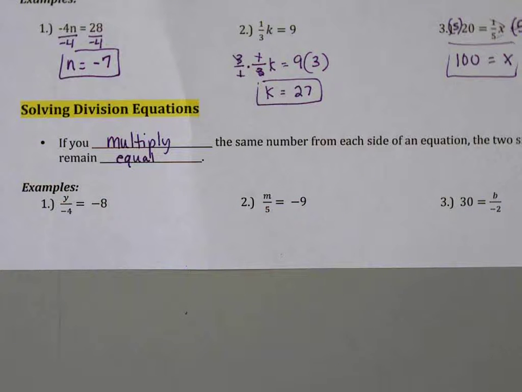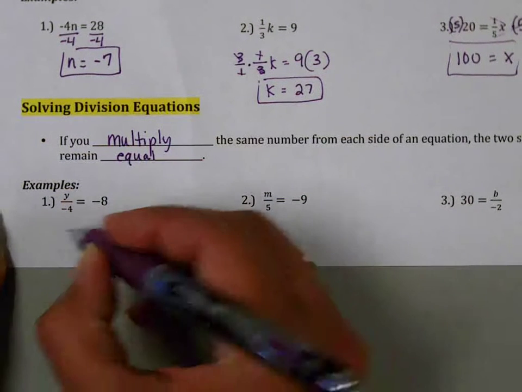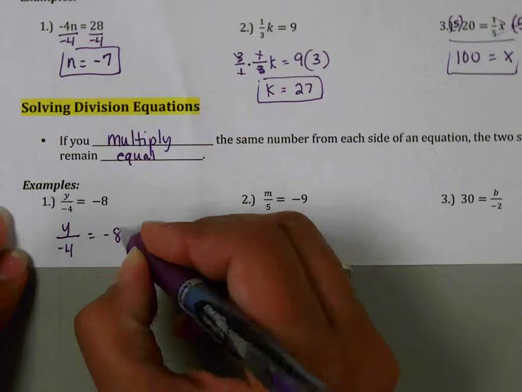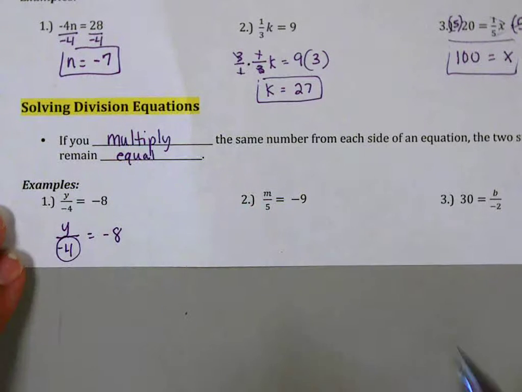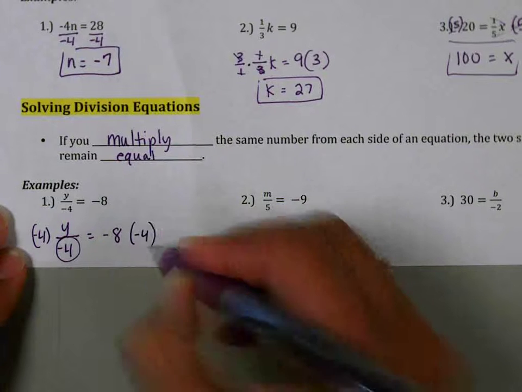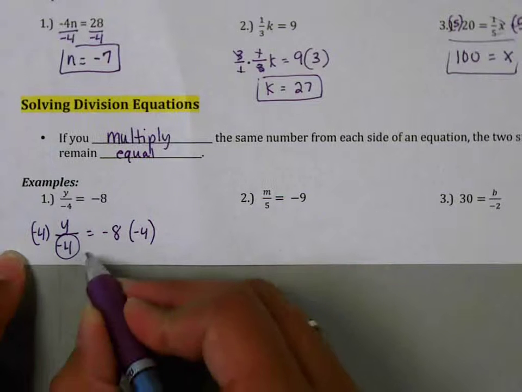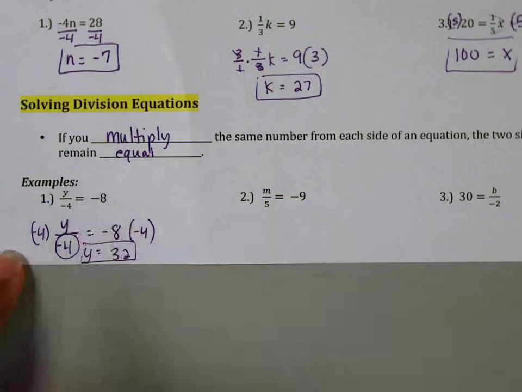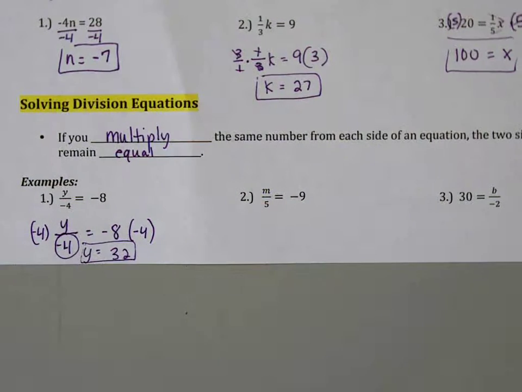So when we have a division problem, what we want to do is multiply both sides by the denominator here. So we're going to multiply both sides by negative 4. And that would cancel out and be y equals positive 32. And again, if you check your work, positive 32 divided by negative 4 would be negative 8.